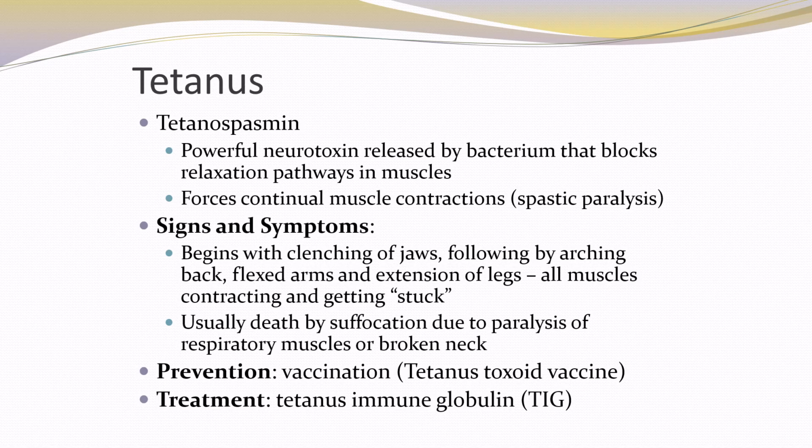Now, the concern with this muscle clenching is that while it might begin in the jaws, kind of creating this clenching of the jaws, almost a snarling type of look. You'll see in the next slide, I have a couple pictures. But we also see the back arching because those back muscles are going to start to contract as well, possibly the arms and legs, as well as the torso muscles will start to contract.